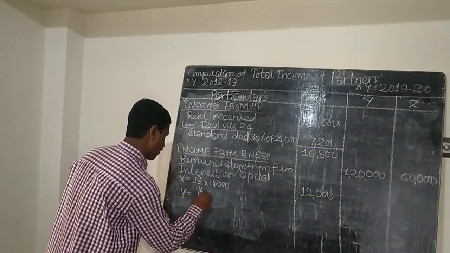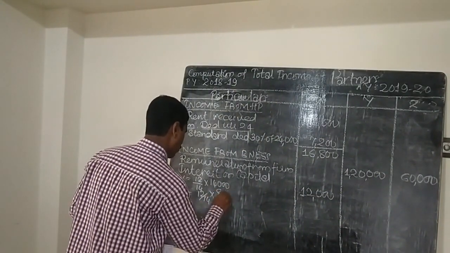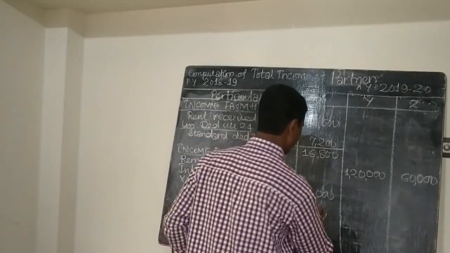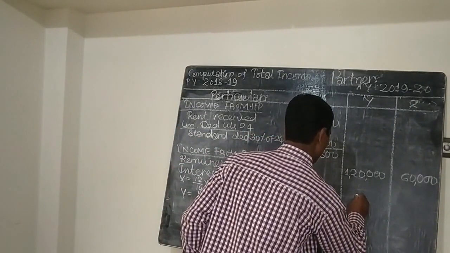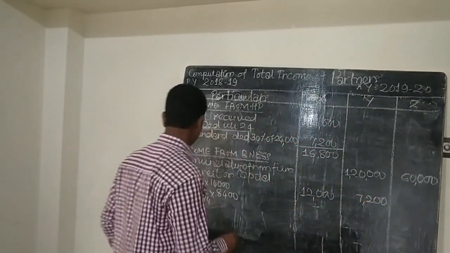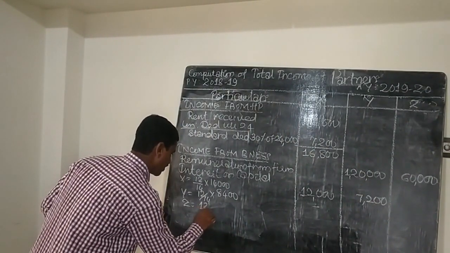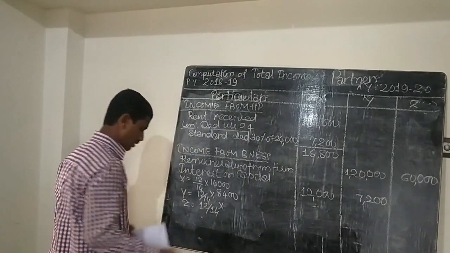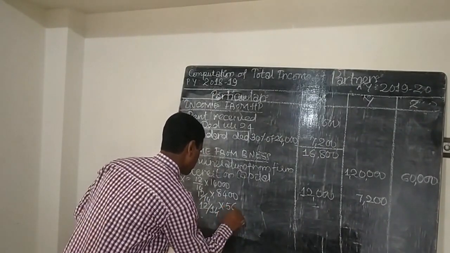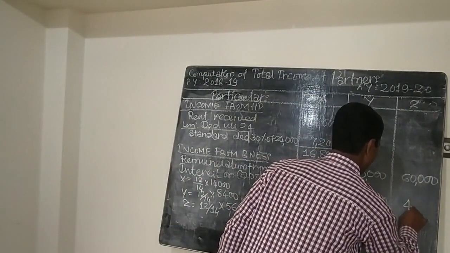Y, 12 by 14 into 8,400, so it will be 7,200. Z, 12 by 14 into 5,600, so 4,800.